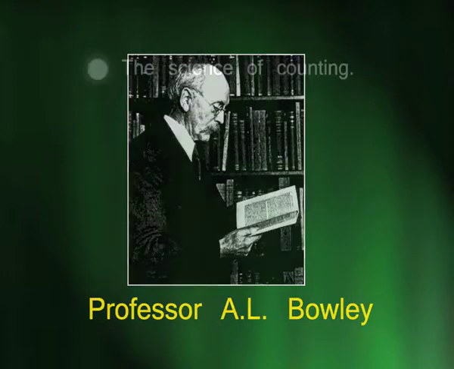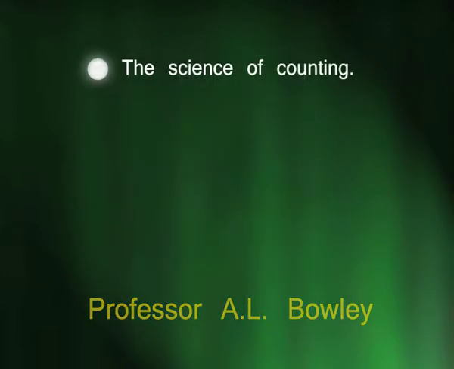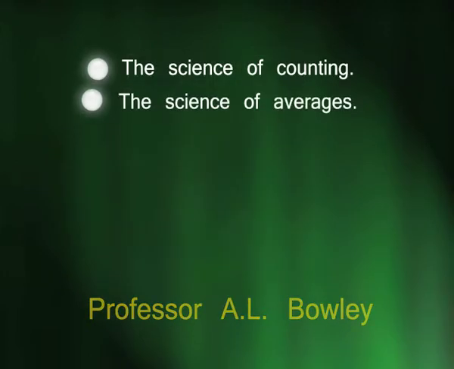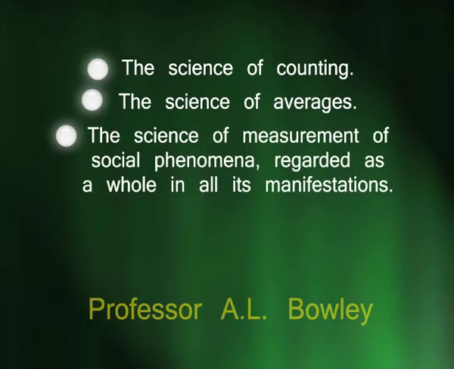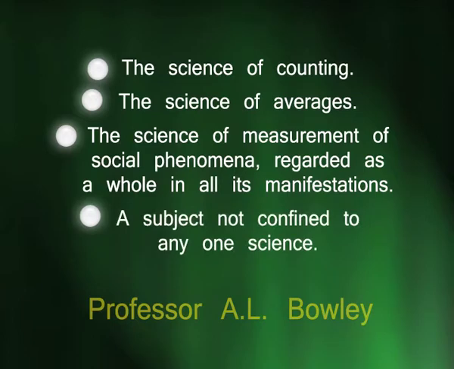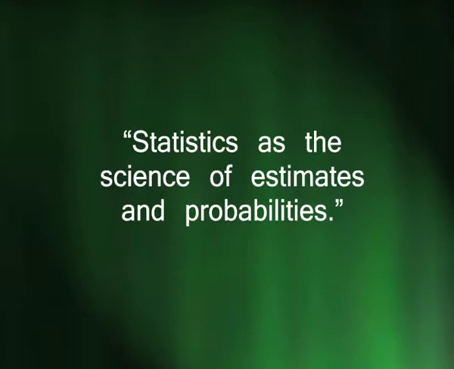He defined statistics as the science of counting, or the science of averages, or the science of measurement of social phenomena regarded as a whole in all its manifestations, a subject not confined to any one science. Whereas Professor Boddington defined statistics as the science of estimates and probabilities.